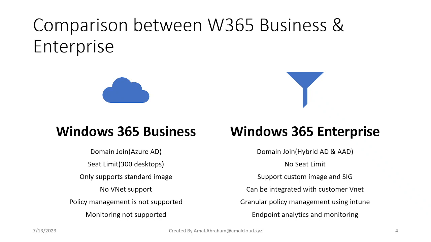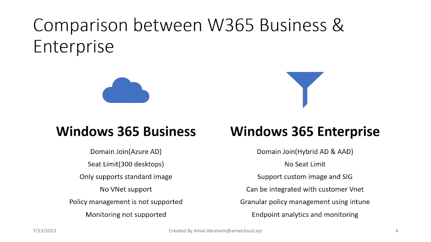Then the other key difference is you don't have VNet support. So what it means is in Windows 365 Business, your VM is hosted in Azure, and your network is also hosted in the Microsoft Azure tenant.